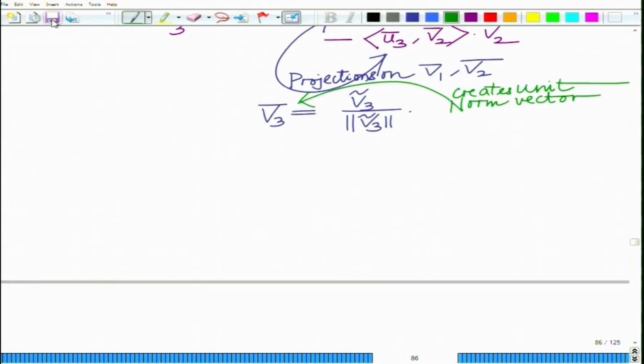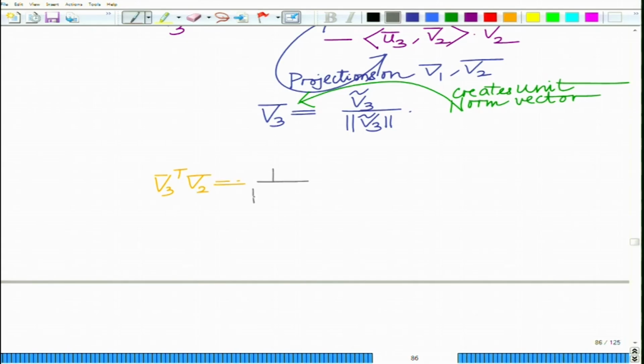Okay. And now you can quickly check the orthogonality property once again. If you do V3 bar transpose V1 bar, let us say, or V3 bar transpose V2 bar, just to make sure it is orthogonal to the previous vector.